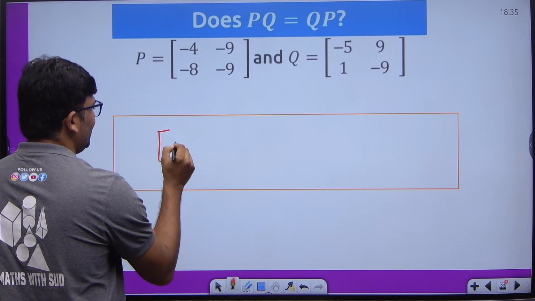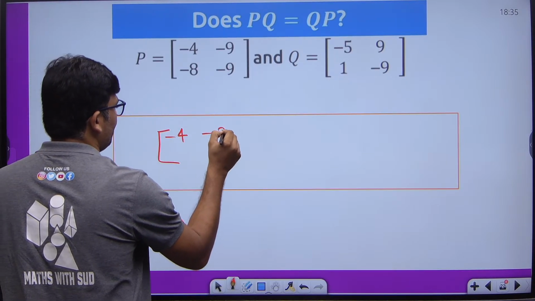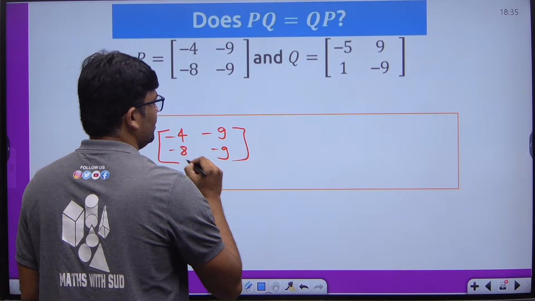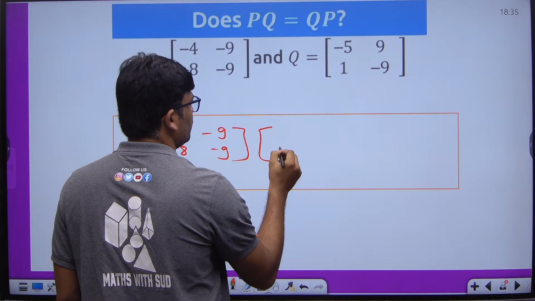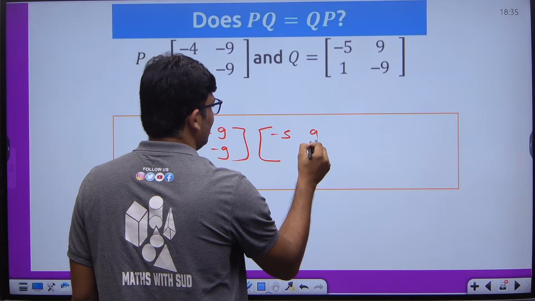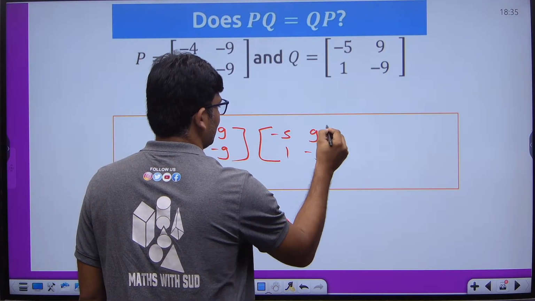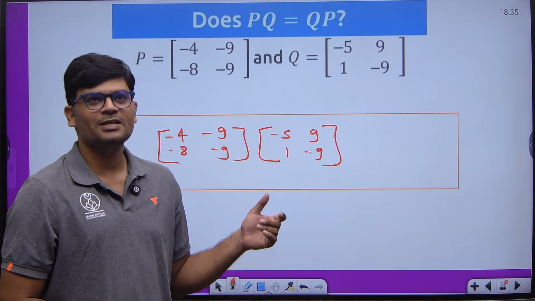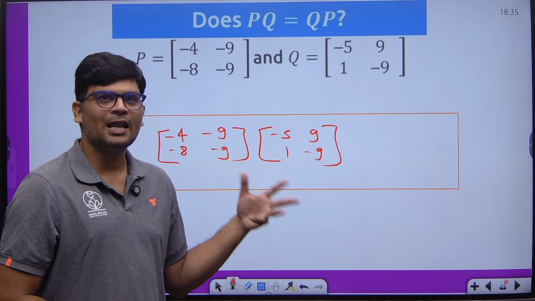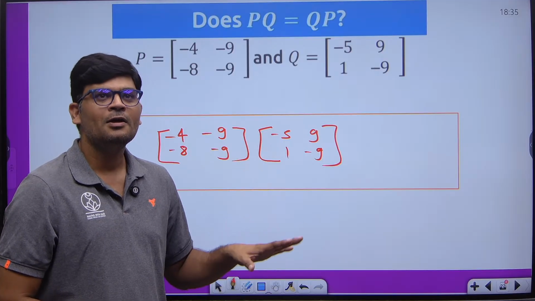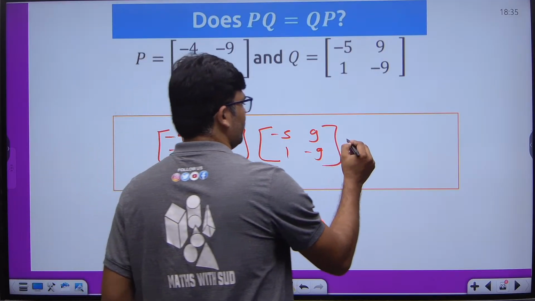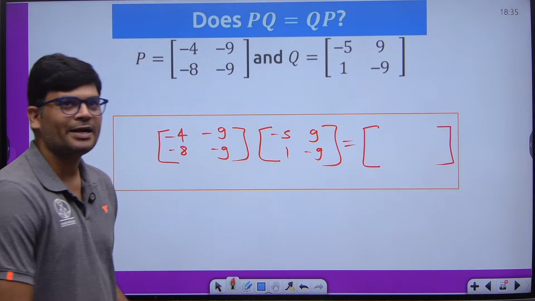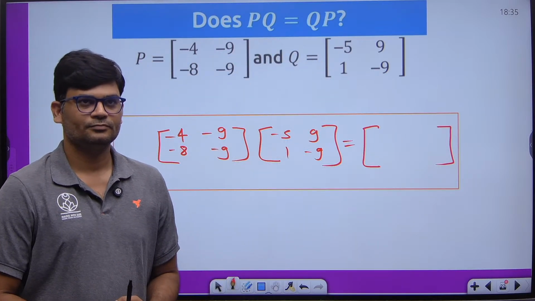First I will write P, that is minus 4, minus 9, minus 8, minus 9, multiplied by Q. Q is minus 5, 9, 1, minus 9. Even if it is a square matrix, the product can be done, but whether they are equal or not, let us check. Can you tell me the order of the resultant matrix? 2 by 2. Very good.